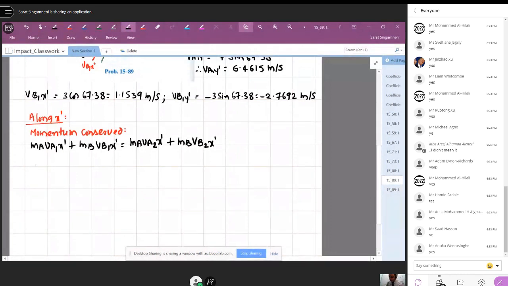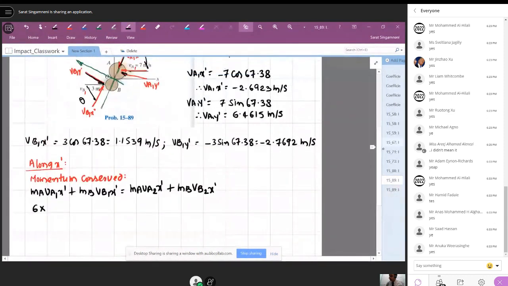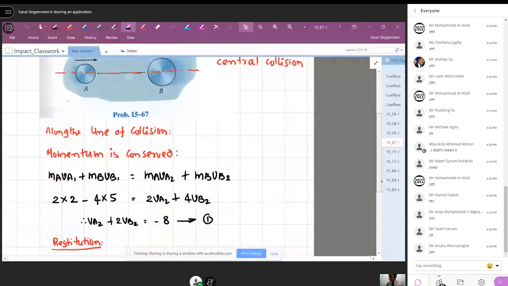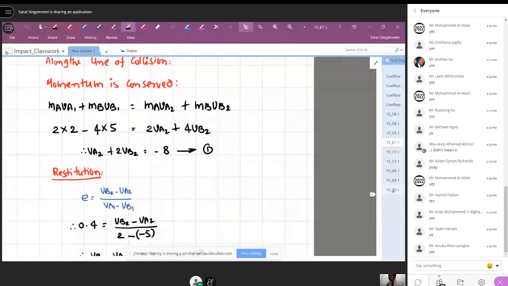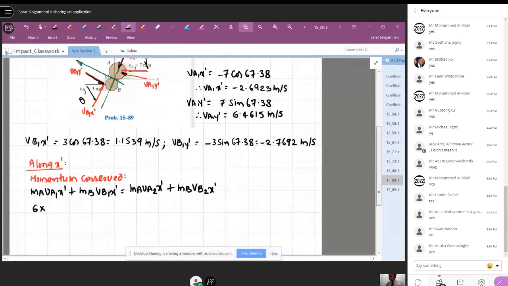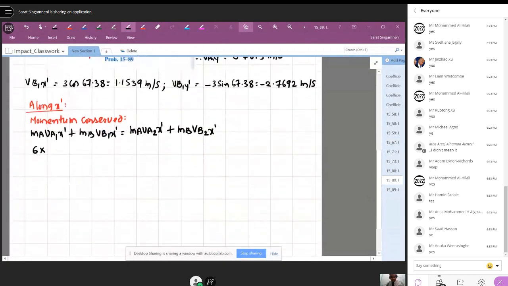Substitute the known quantities. Mass of A times VA1 x dash, which is minus. If it is a minus, you should substitute minus. If it is a plus, you substitute plus.